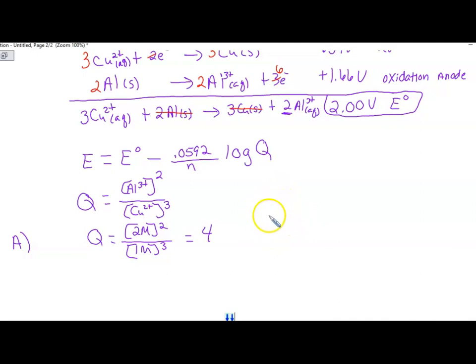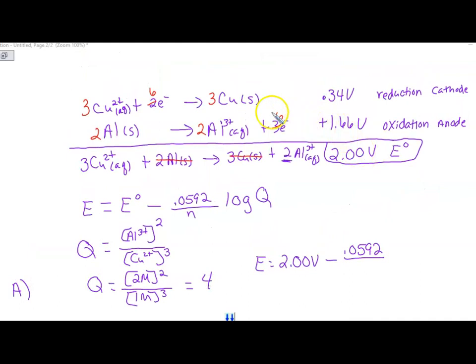So for A, I'm going to figure out E equals, the E naught we just found was 2 volts, minus 0.0592 divided by moles of electrons. Our moles of electrons, some of you are missing this on your quizzes.